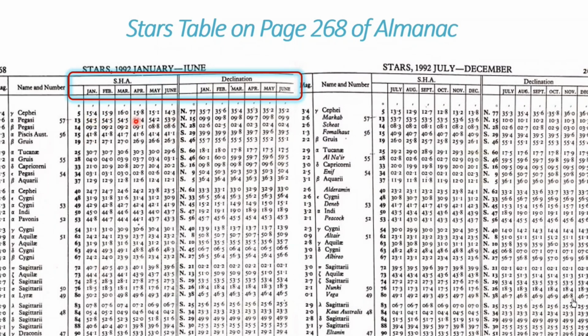Now the change in SHA is happening only in the minutes. The degrees usually do not change. So under every respective column of the month, you see the minutes value is given. So you pick up the degree value from the first column, and then you pick up the minutes value from whichever month you require the value for. The same is done with the declination. You see the degree value is given initially in the first column, followed by the minutes value for each and every month.